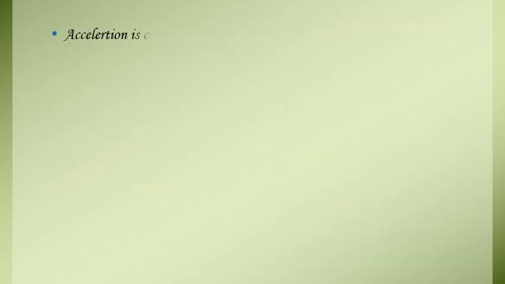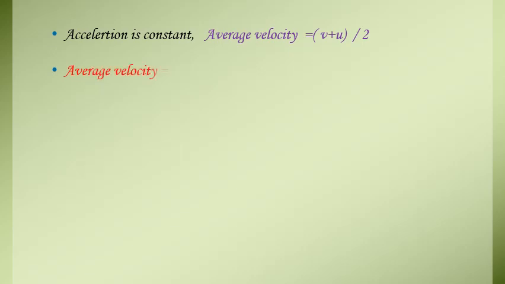If the body is moving under constant acceleration, that means it changes its velocity equally. At that time, what is the average velocity? It must be equal to (initial velocity + final velocity)/2. Already you have learned that average velocity is also equal to displacement by time.